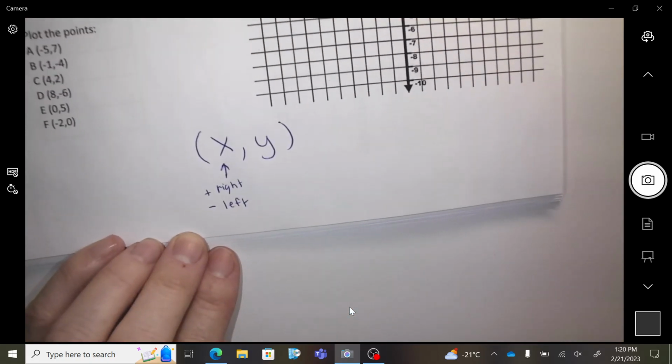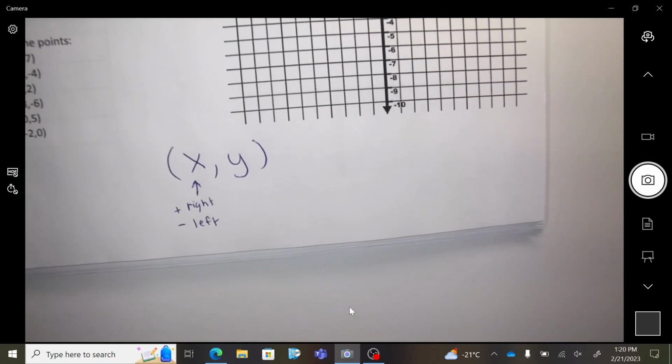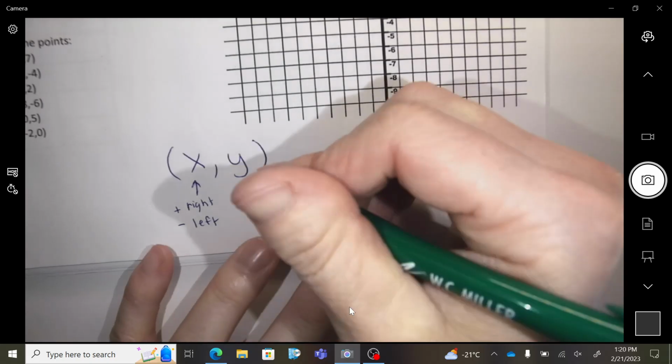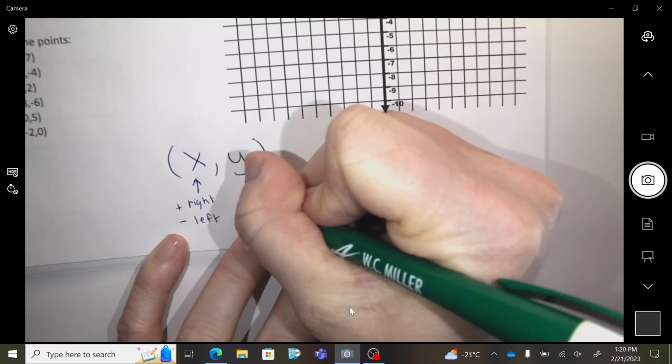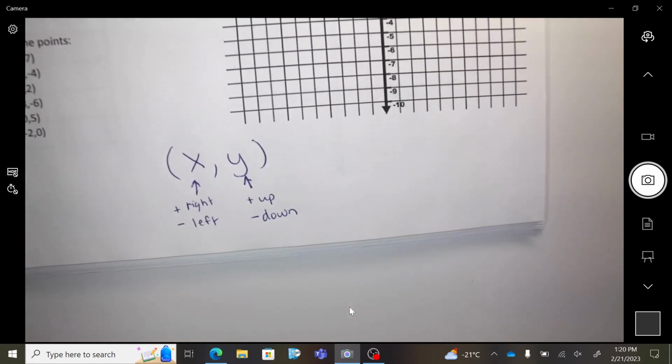So coordinates are always written X, comma, Y. They're always written in that order. It's alphabetical, if you forget. The X part of the coordinate tells us how much we're going to move left and right. And the Y will always tell us how much we're going to move up and down.